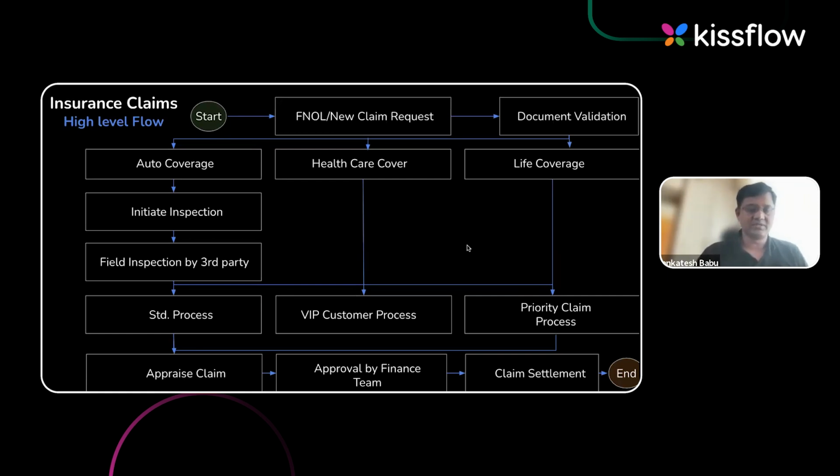It can be customized from organization to organization. The main point we want to show is how easy it is to build and configure this sort of flow, as one solution for an integrated claims application. That is the main objective.